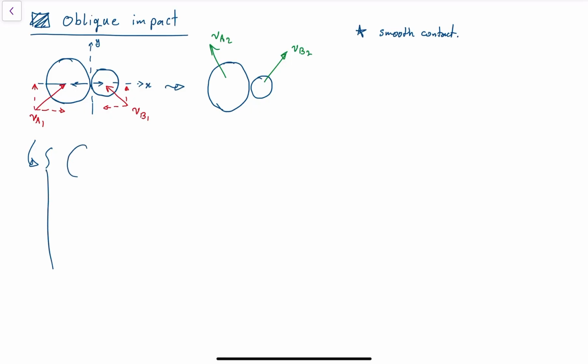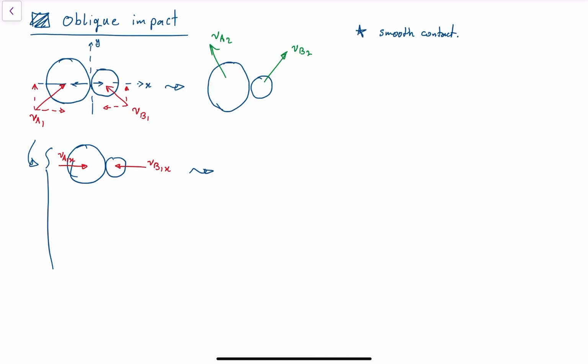One is body A coming head on at body B. So this is VB1x, this is VA1x. And it is a central impact problem.